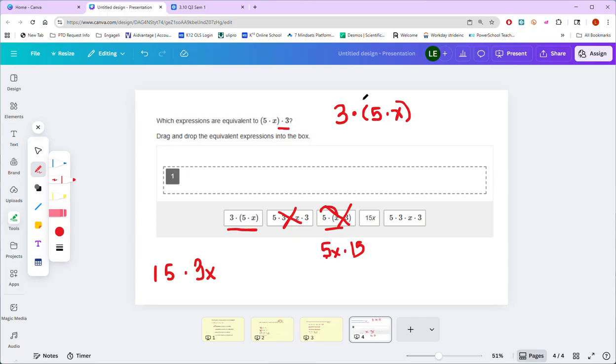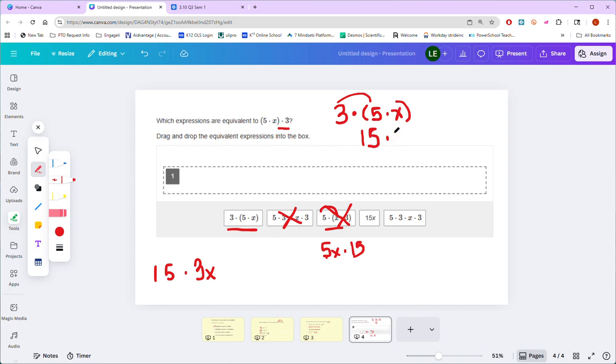So if I did 3 times 5 and get 15, and then not do, what I'm trying to say is multiply these, but not multiply this.